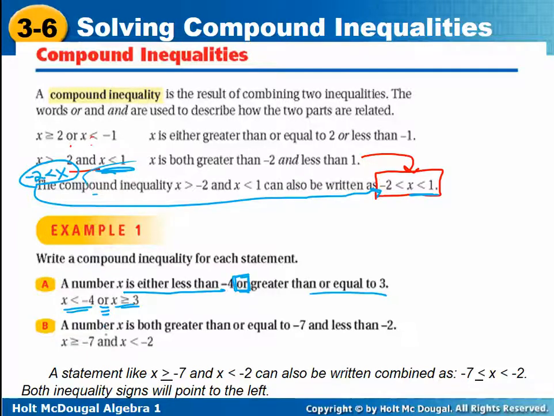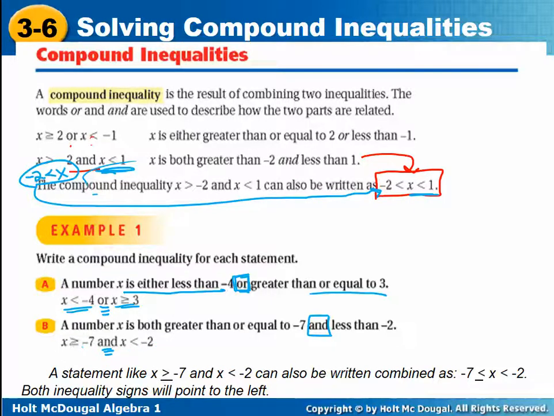The next one says a number x is both greater than or equal to -7 and less than -2. That's a clue that this is going to be an and. So let's write both of those parts. X is greater than or equal to -7 and x is less than -2. So we wrote both parts separately, but these can be combined.